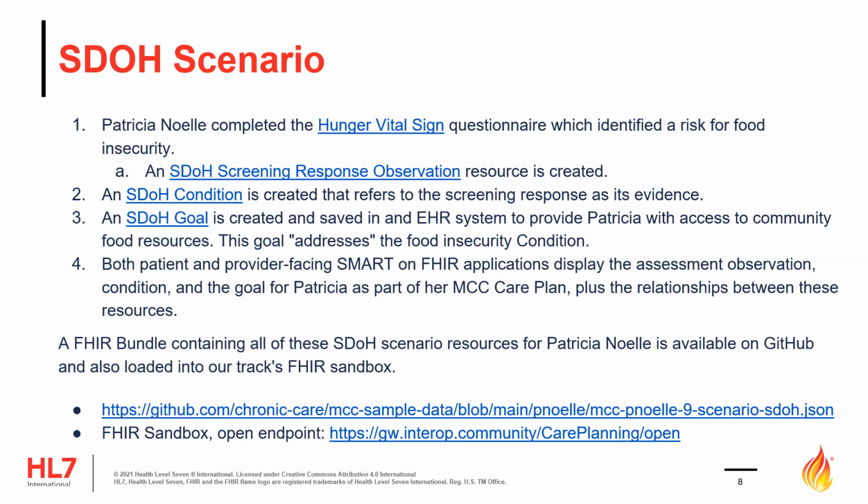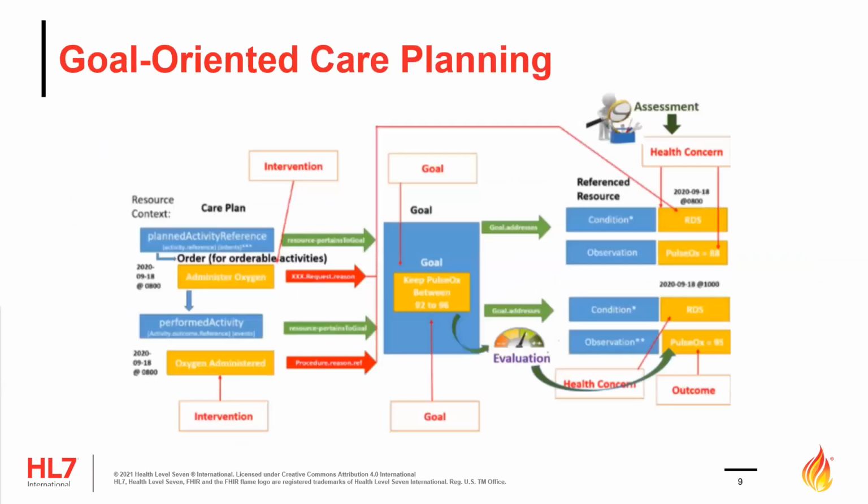So now, next slide, and I'd like to ask Emma to review some of the process around goal-oriented care plan. So thanks, Dave. As Dave explained, goal is an integral part of care planning. When we talk about goal, we're not just talking about the goal resource alone by itself.